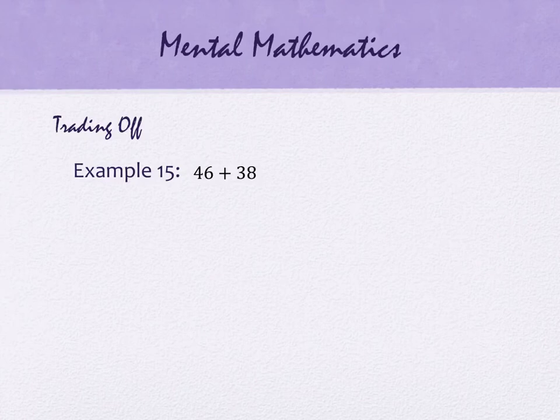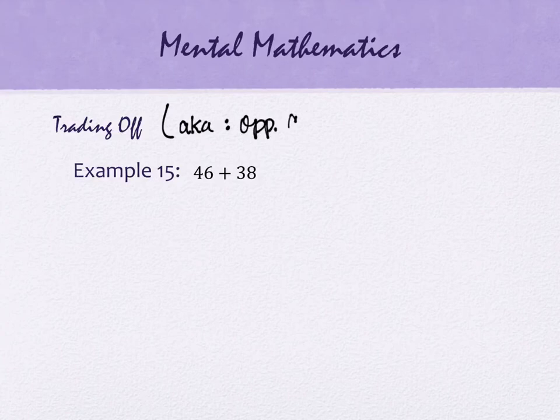Trading off, which is what we actually called before opposite change, is another mental strategy. When we're trading off, we're taking one of the numbers and trying to make it into a nice value with lots of zeros, as many as we can have after the first digit. The easier of these 2 numbers to get to zero at the end is 38. So I'll write them beside each other like this, 46 and 38.